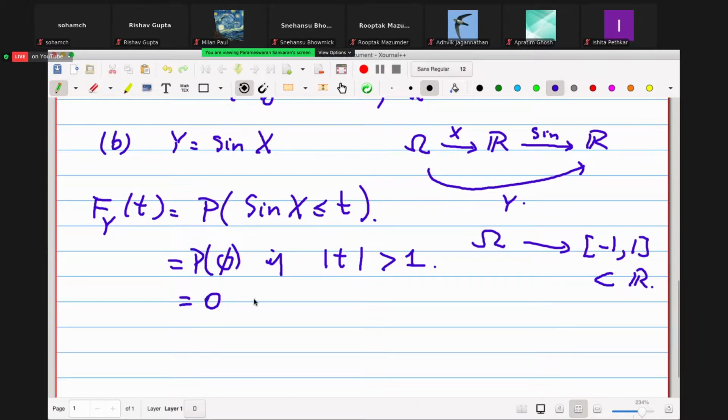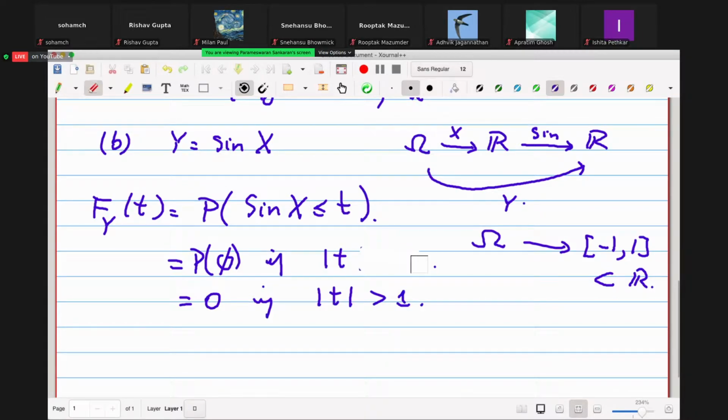So this is equal to 0 if mod t is bigger than 1. Shouldn't it be t smaller than minus 1 instead of mod t greater than 1? Because if we have t equal to 1, then sine of x could be smaller than 1. Absolutely, you are right. I should be careful.